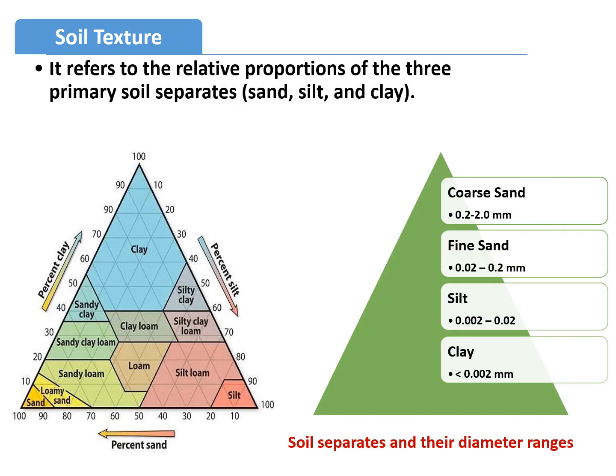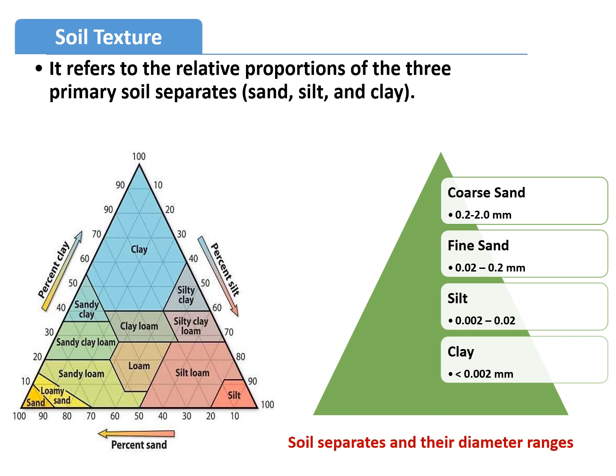Soil texture refers to the relative proportion of three primary soil separates, or soil particle types, that is sand, silt, and clay. The difference between these three types of soil separates is based on the size, the diameter of those particles.